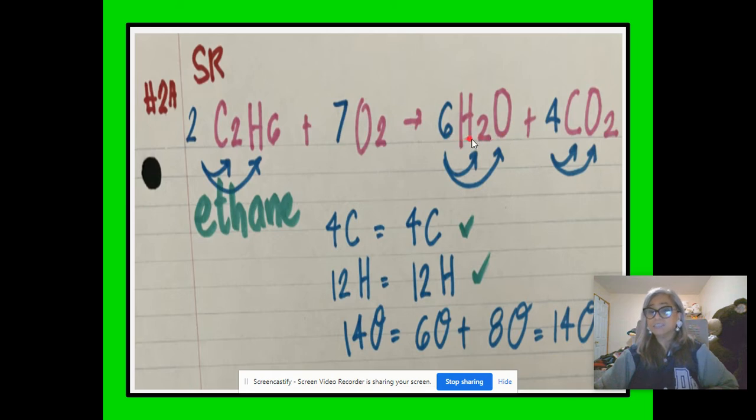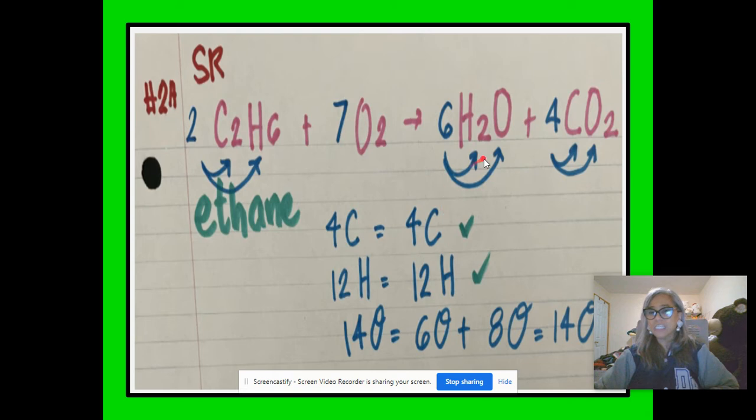So 6 is for hydrogen, 6 would be for oxygen. How many oxygen under H2O? So you have 6O. And notice how I would write down the oxygen so that I do not confuse it with the number 0. You put some sort of a tail there, right?